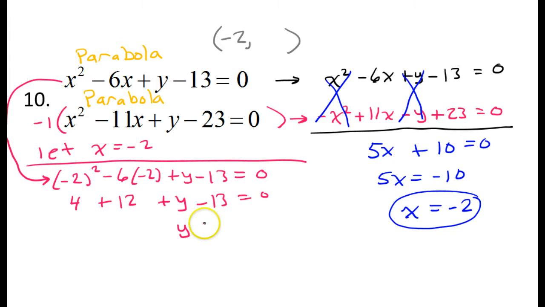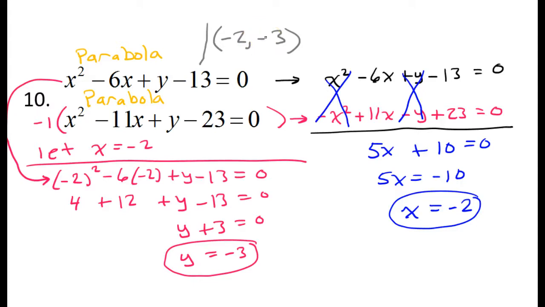So I'm going to have y plus 3 is equal to 0. Subtracting 3 from both sides, I have y equals -3. So now I have my x value and my y value. Okay, so this is the solution.